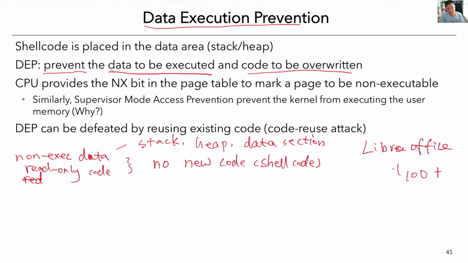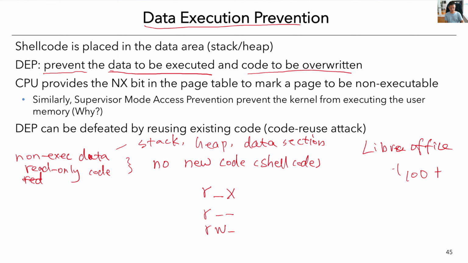So you cannot say, okay, since we cannot execute the data, let's try to overwrite the instructions. Because the code section, right? So the code section has read-only and executable permission. So it's not writable. Okay, so if you have a data section, it's either read-only or read and writable, but never executable.